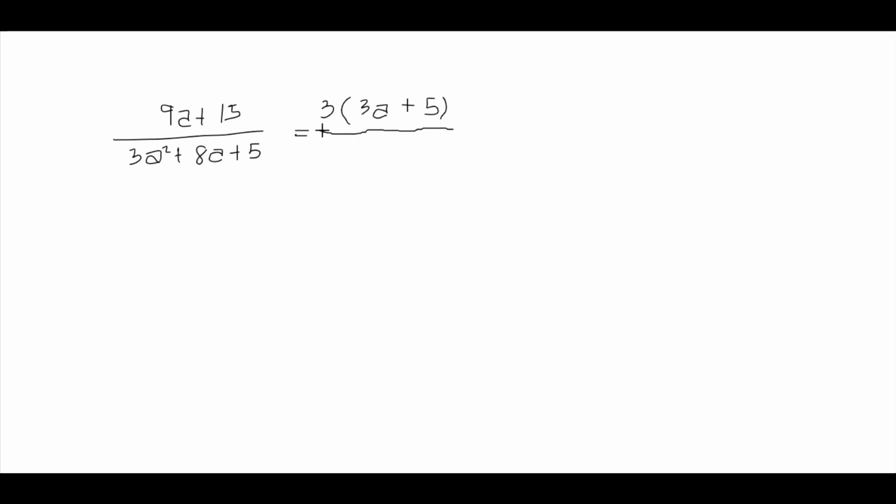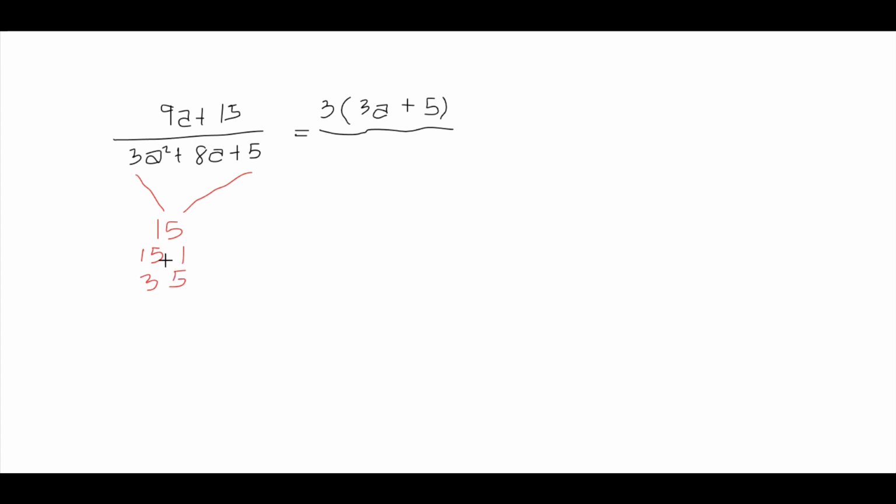And for the denominator, we can do factoring by grouping. To factor this expression, first we need to multiply the leading coefficient, which is 3, times 5. So 3 times 5 will have 15. So 15 is a product of 15 and 1, or it can be a product of 3 and 5.